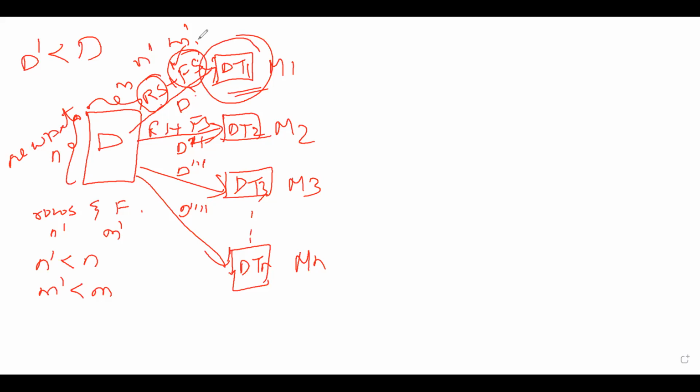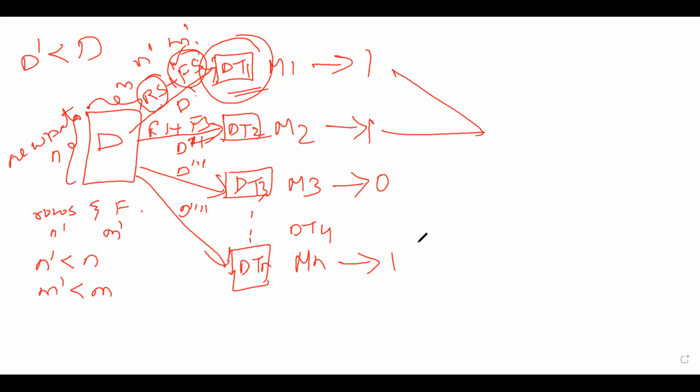Considering binary classification here, decision tree 1 gives 1, then decision tree 2 gives 1 again, decision tree 3 gives 0, and decision tree 4 gives 1. So we got 4 predictions. According to bagging, we aggregate these using majority vote. The maximum models give 1.